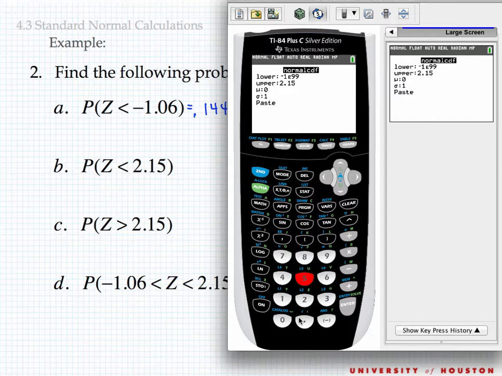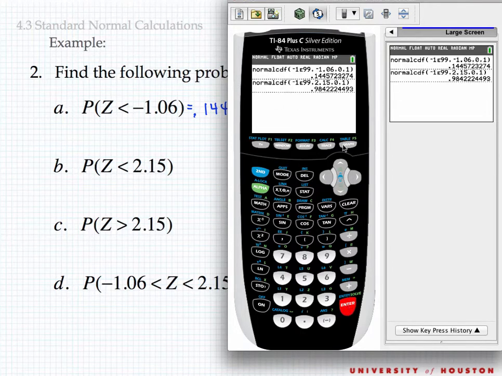We are above the mean here, 2 standard deviations above the mean. The mean is at 50%. If I go 2 standard deviations over, I should have a probability much higher than 50%. 0.9842.